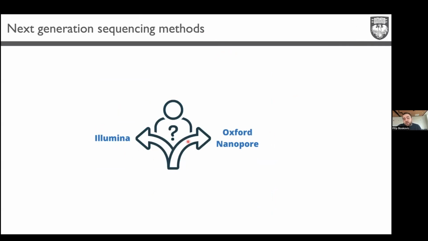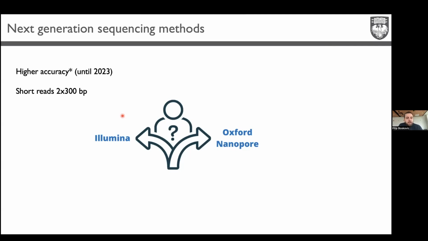So what's the difference between Illumina and Oxford Nanopore? Until this year, Illumina had one extremely important feature for people who want to do sequencing: higher accuracy. But by the claim of both companies, that no longer holds, because the latest DNA sequencing with nanopore has identical accuracy as Illumina. So now the question is, does Illumina become obsolete?